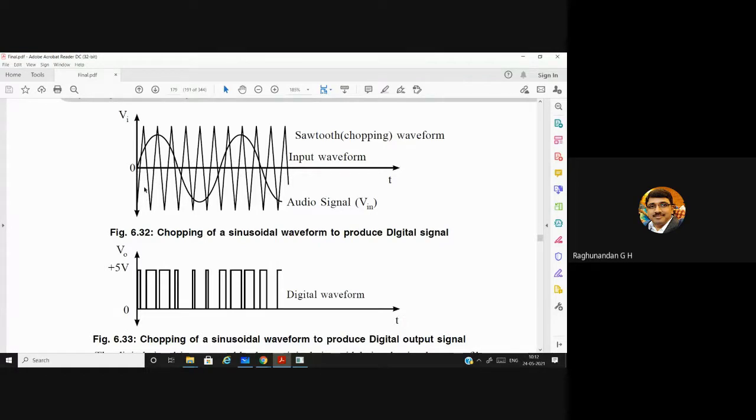And you can observe here, at the beginning, just after 0, the sawtooth is at the negative level, less than the 0 reference, but our audio signal is positive in this portion. So which is greater in this time duration, the sawtooth waveform or the sinusoidal input? Only this small duration I'm asking.